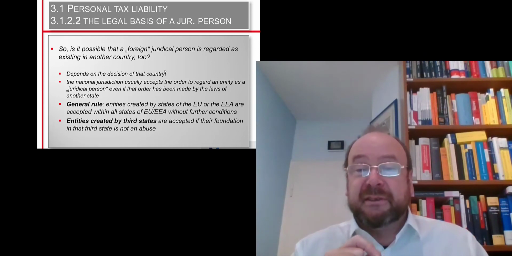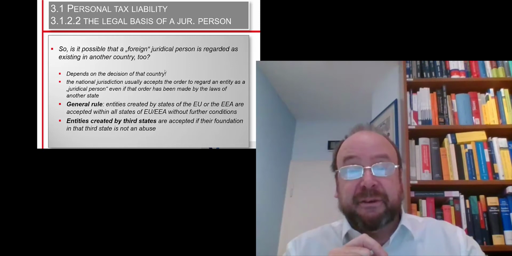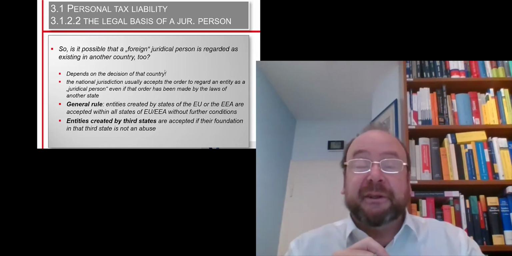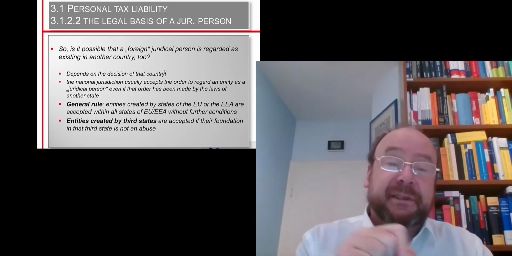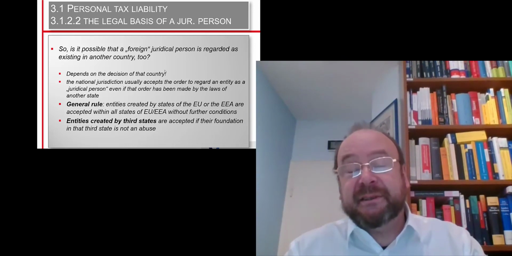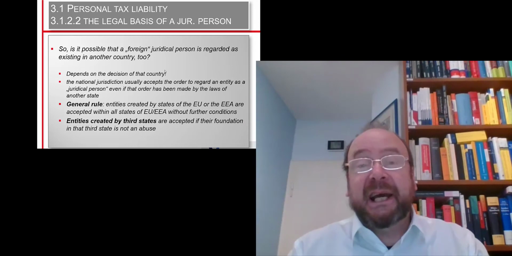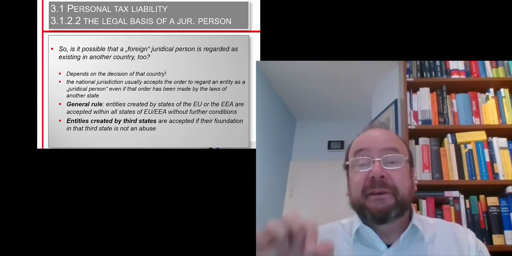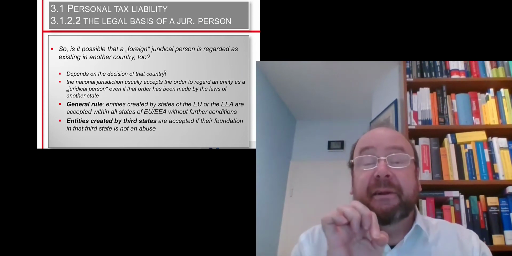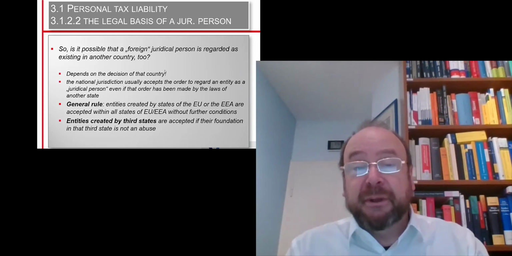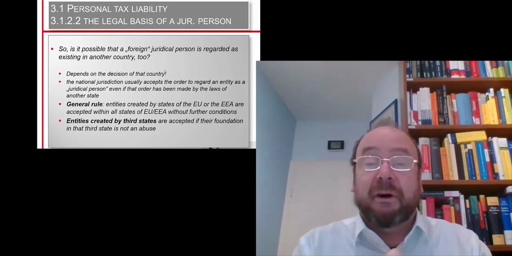By the way, what is very often not seen in the debate is there are even directives of the EU, so binding orders to all member states, which say juridical persons come into existence when they are registered. And then there is a nice additional sentence somewhere in that directive which says, as long as they are registered, nobody can bring forward that they should not exist. Legally, such a juridical person exists under the company law of the EU.